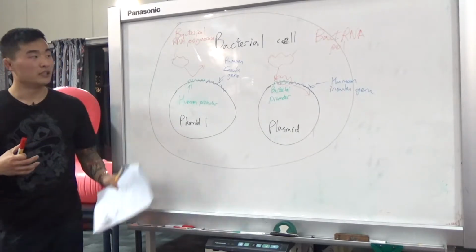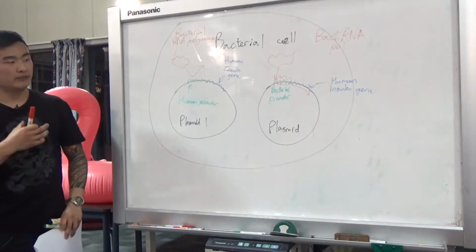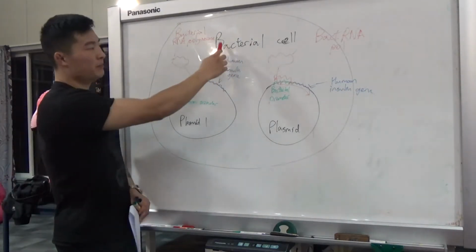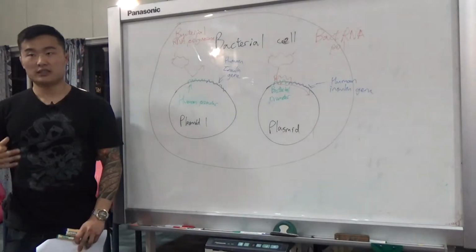Okay, so if you're putting a plasmid in a bacterial cell, you need to have a bacterial promoter. And so if this was a mammalian cell, you would need to have a mammalian promoter.